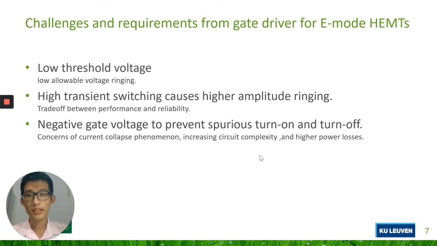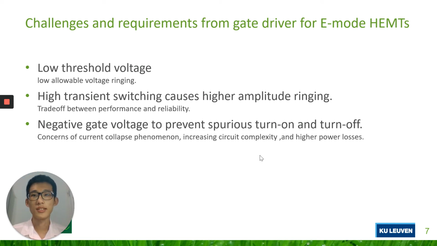Also, since GaN HEMTs could switch at a very high slew rate, the ringing amplitude is thus larger. One method is to add a gate resistor to adjust the slew rate, but the trade-off between the performance and the reliability should be a concern. Another method to prevent spurious turn-on and turn-off is to give a negative gate voltage during the off state, so that even if the ringing occurs, the voltage would not exceed the threshold voltage.